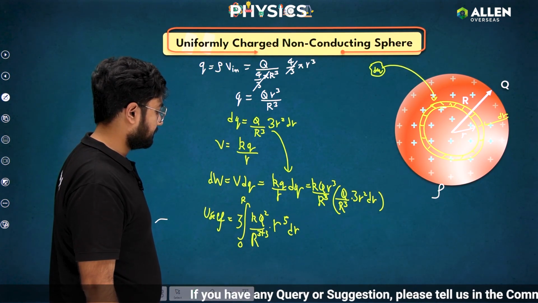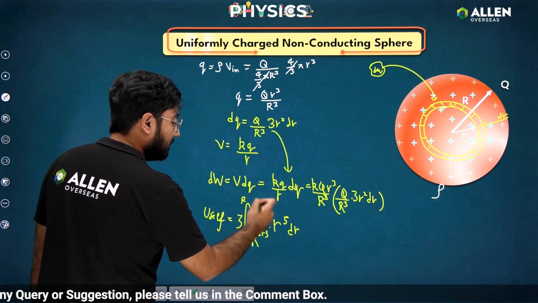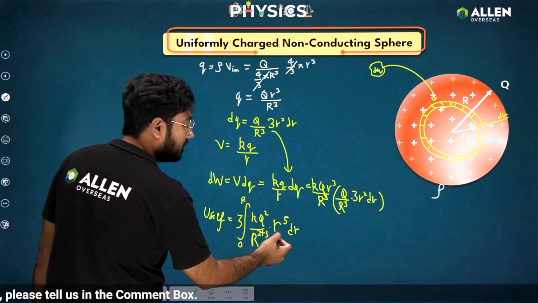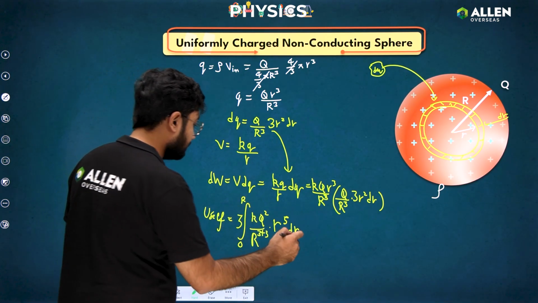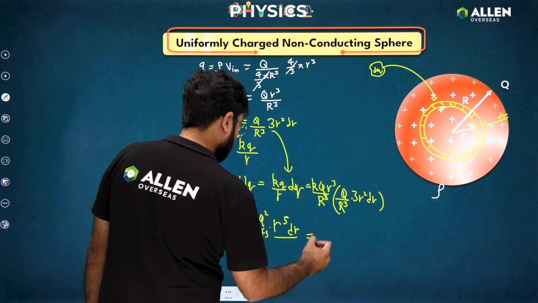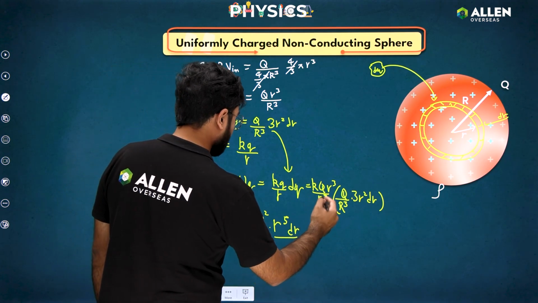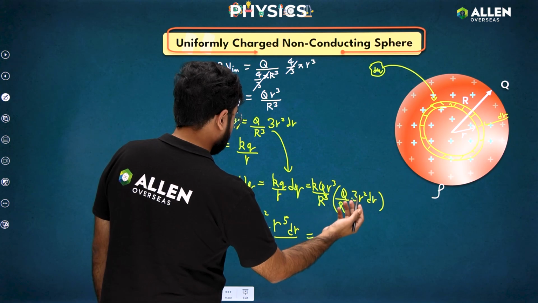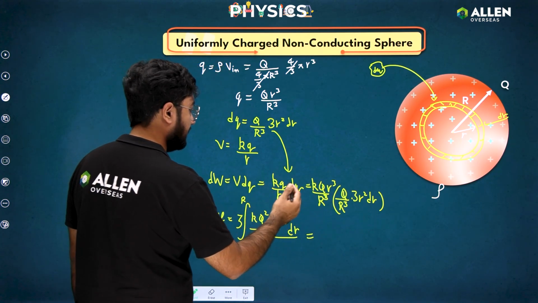Definitely. This complete thing is constant, comes outside. What will be the integral of r to the power 5 dr? You very well know that thing. That thing will be equal to r to the power 6 by 6.